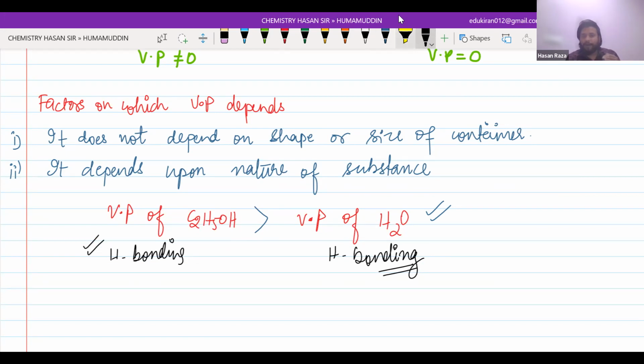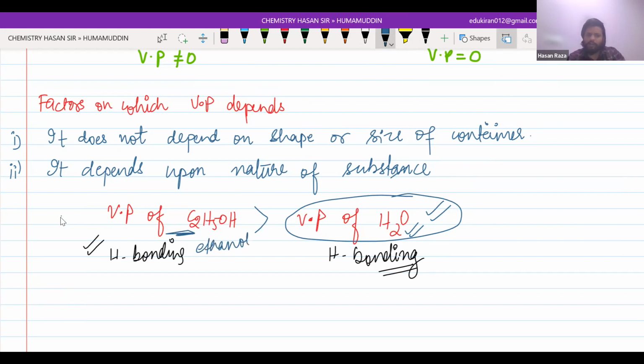Since the hydrogen bonding here is stronger, converting this to vapor will not be as easy as compared to ethanol. Hence the force of attraction will be weaker in ethanol as compared to water, and it will be easily vaporized. That's why the vapor pressure of ethanol will be greater than that of water. Are you getting my point?